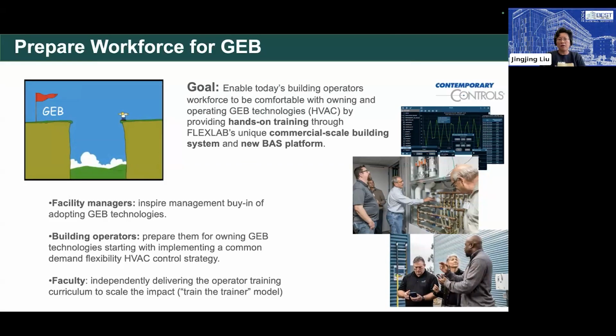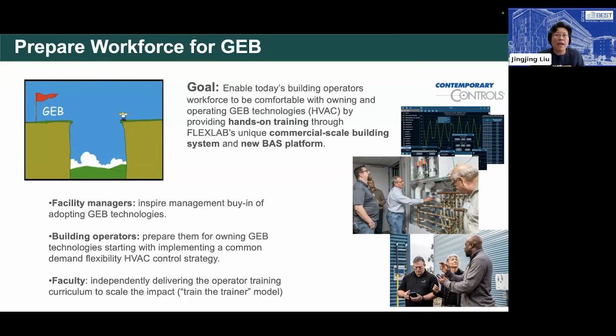So some of the gaps that we're tackling include helping them to feel more comfortable with using building automation systems to do performance troubleshooting, and also providing some building science to help understand what's driving the efficiency and demand flexibility performance in the building.